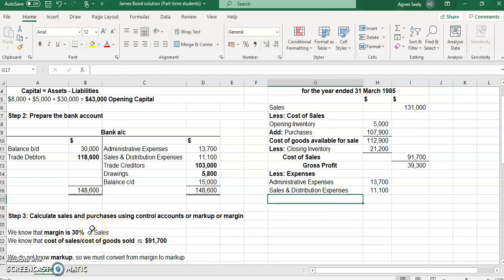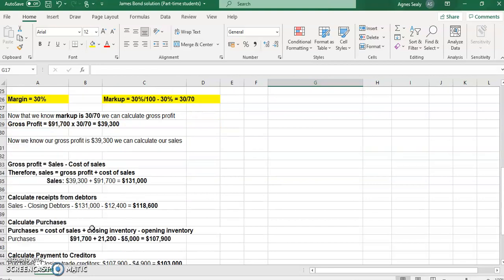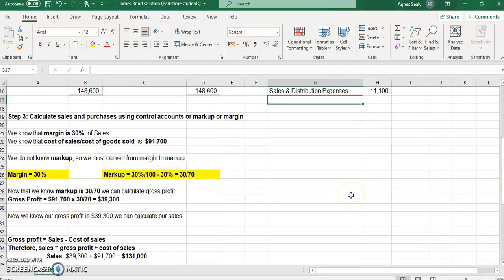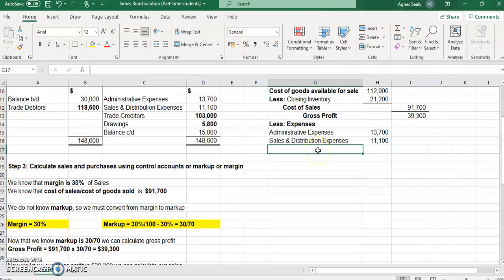We also would have calculated an additional expense, which is our depreciation for our fixed assets of $800. So we're going to include that as well. So we have depreciation, fixed assets of $800. That's a depreciation expense, not the asset, that's the depreciation.